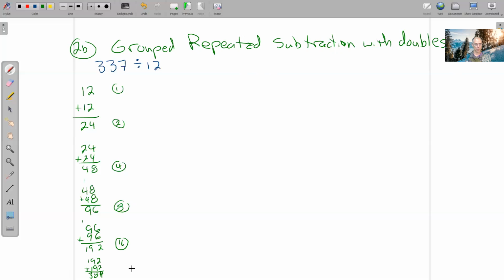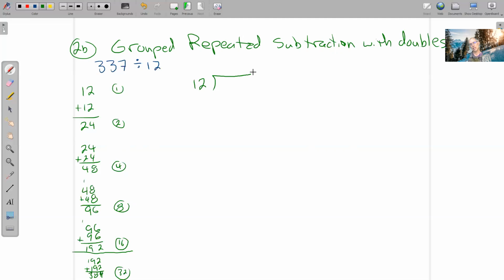That's 32 groups, but that's bigger than my number here. So it looks like I only need to look up to 16. And then I'm just going to rewrite it a little bit different. I'm going to write it in the standard way we do for a lot of division problems.